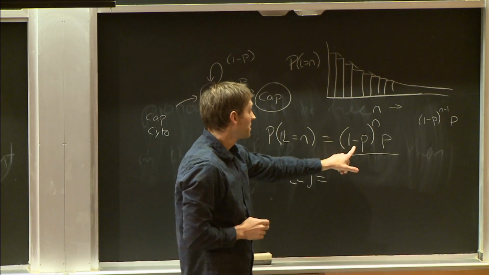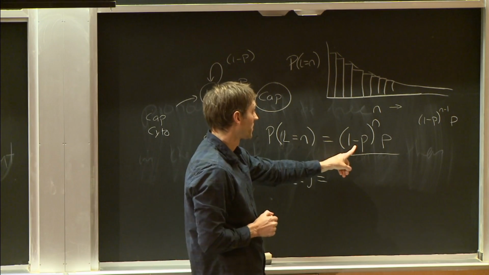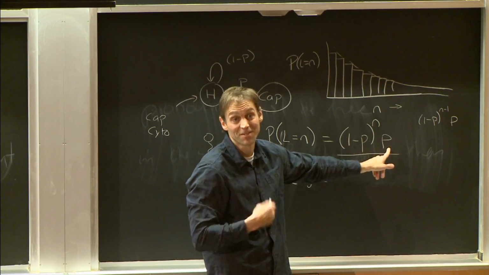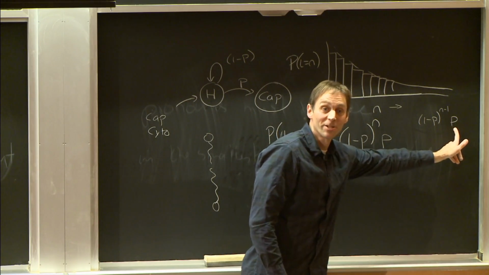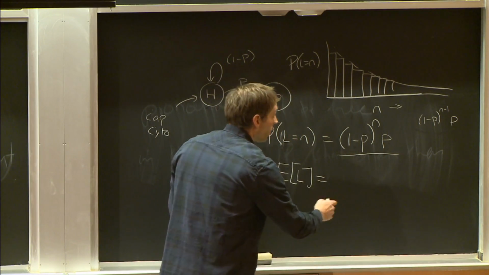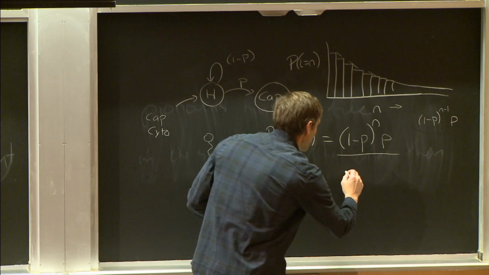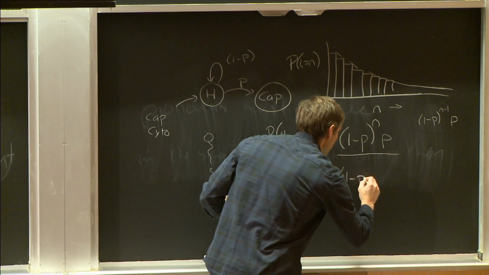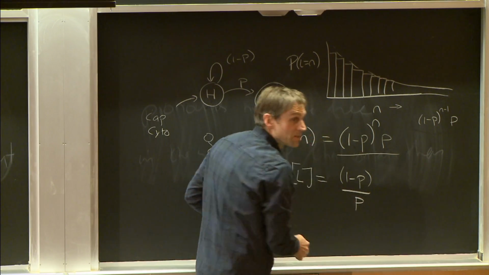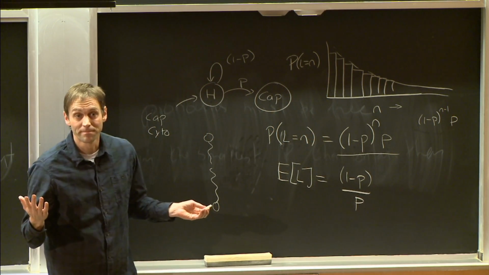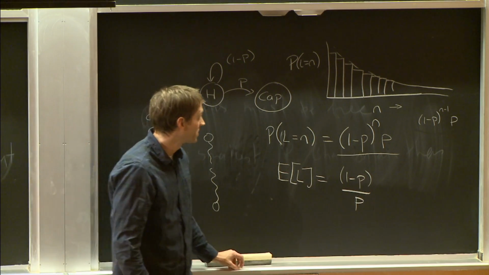And so this is the number of failures before a success, if you will, if success is leaving the helix. And this is the number of trials till the first success, right? So one of them has a mean that's 1 over p, and the other has a mean that's 1 minus p over p. Okay. So usually p is small, and so those are about the same. Okay, so 1 over p, you can think about it, 1 over p is roughly right.